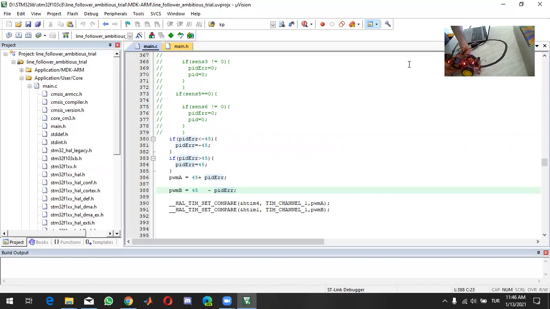But if I turn it here, listen to the sound. The wheel is getting faster. It's the same for the other wheel too.